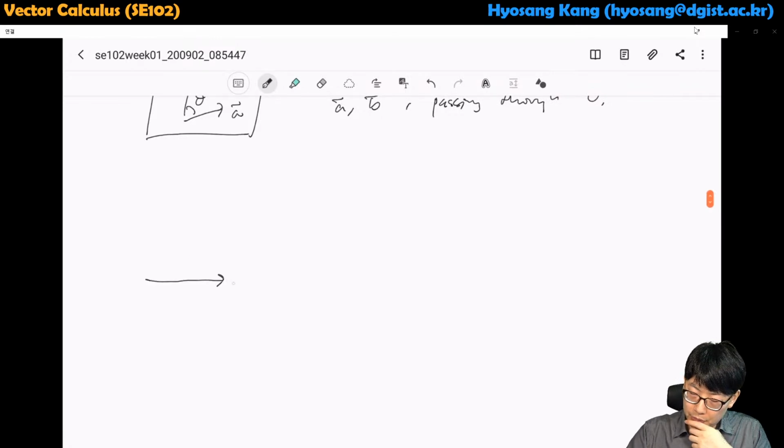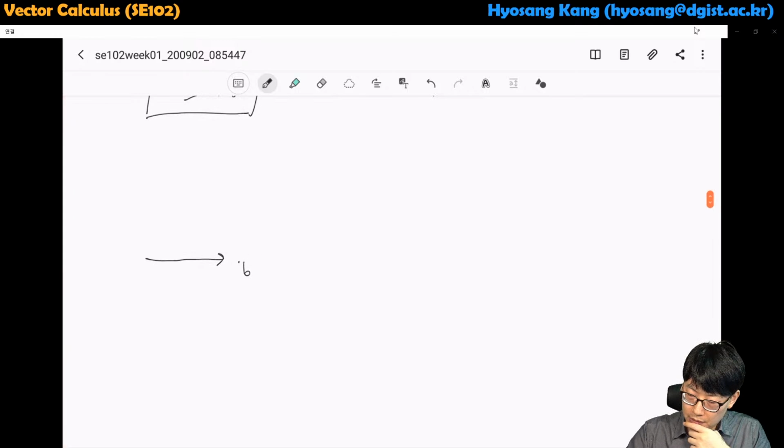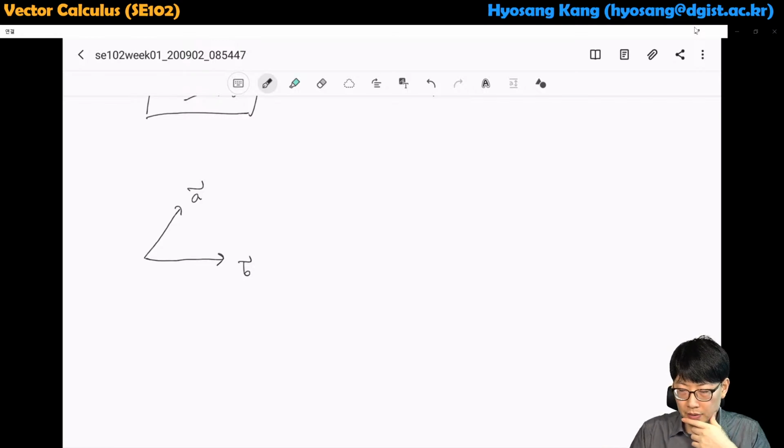Suppose we have A here, and I'm sorry, this must be B. So we have B here and A here. It looks like B is horizontal, but it's not. I'm just looking at a different angle of A and B, so that B looks like a horizontal vector.